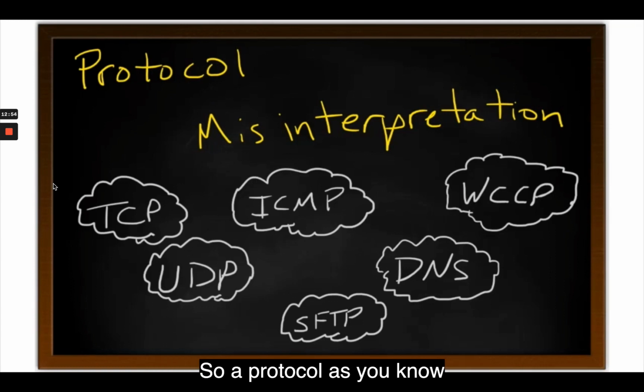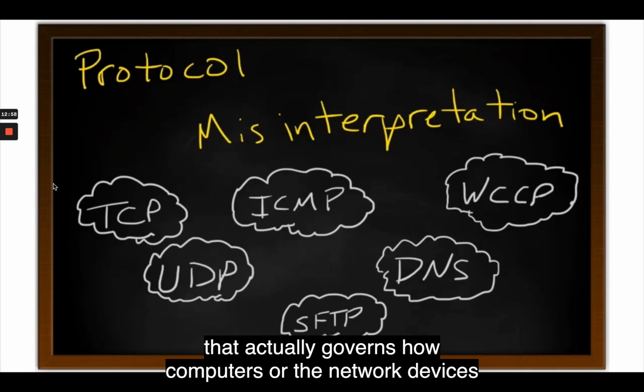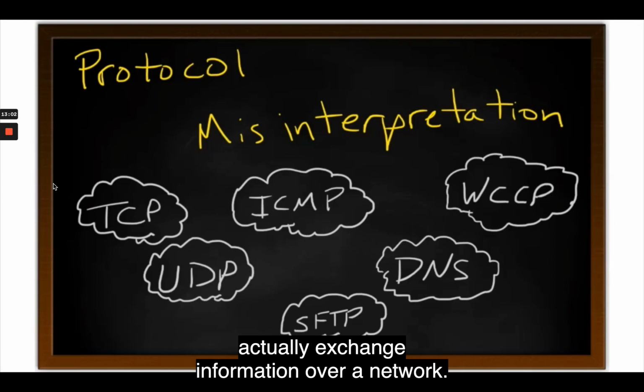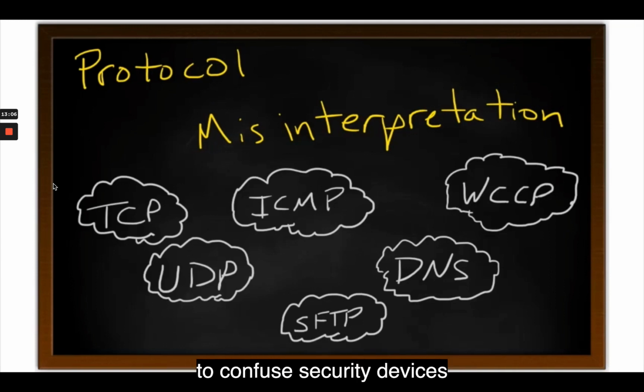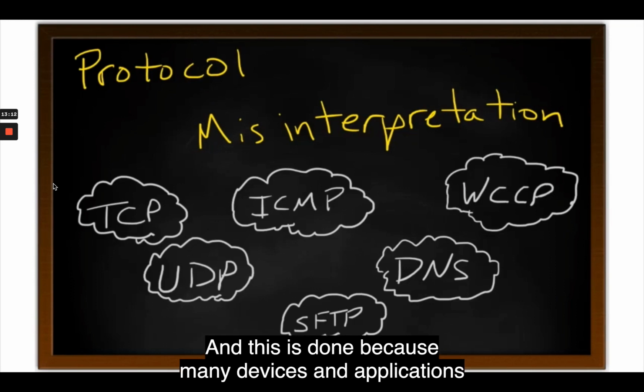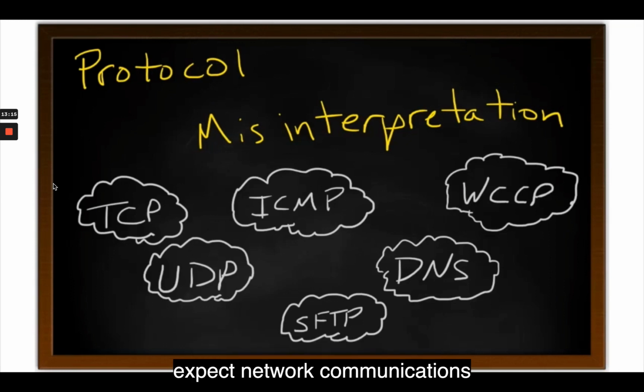A protocol, as you know, is a set of rules or data structures that governs how computers or network devices exchange information over a network. A protocol can be manipulated to confuse security devices from properly evaluating traffic. This is done because many devices and applications expect network communications to follow the industry-defined rules when the protocol is used.